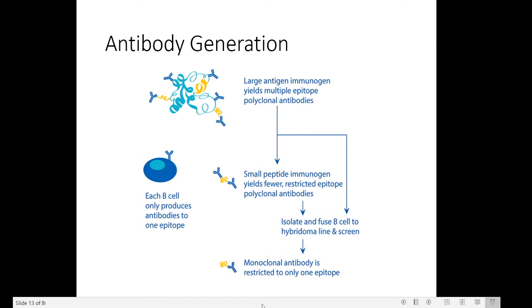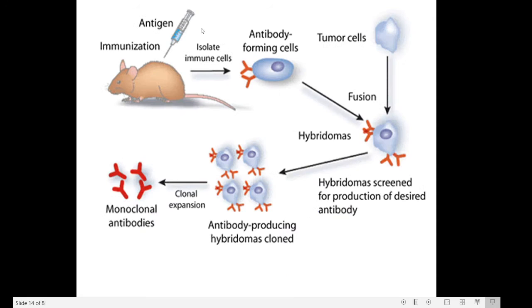First we inject the antigen, so that once the foreign particle enters the animal, the immune system is activated, that is B cell activation. Those B cells are isolated from the animal. The antibody forming cells, the B cells, are fused with the hybridoma cell.